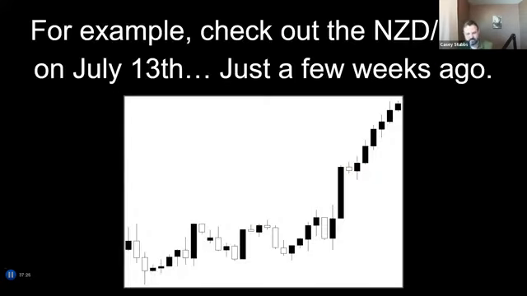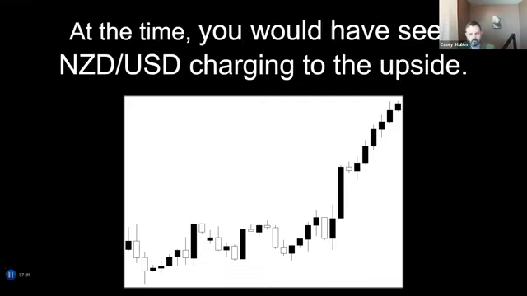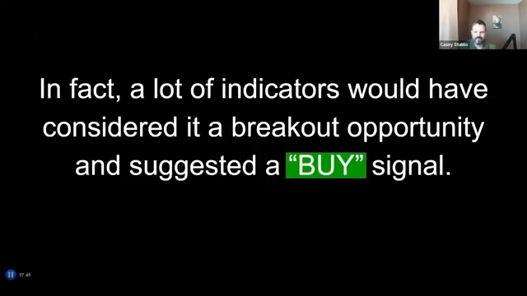For example, check out the New Zealand US dollar on July 13th, just a few weeks ago. At the time, you would have seen New Zealand US dollar charging to the upside. In fact, a lot of indicators would have considered it a breakout opportunity and suggested a buy signal, but the TPI knew better.